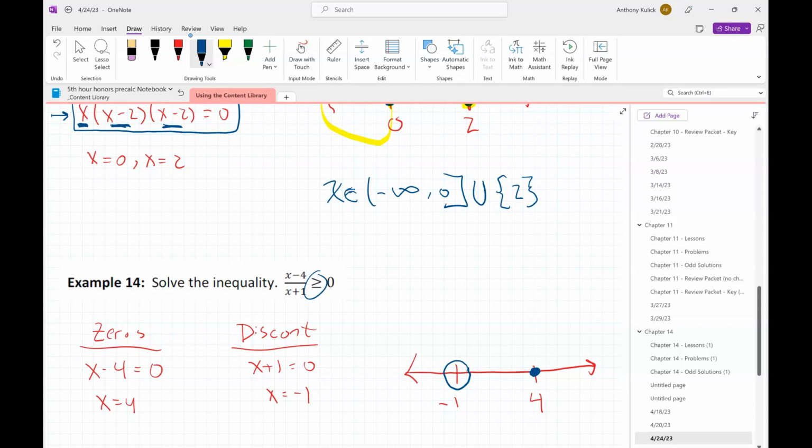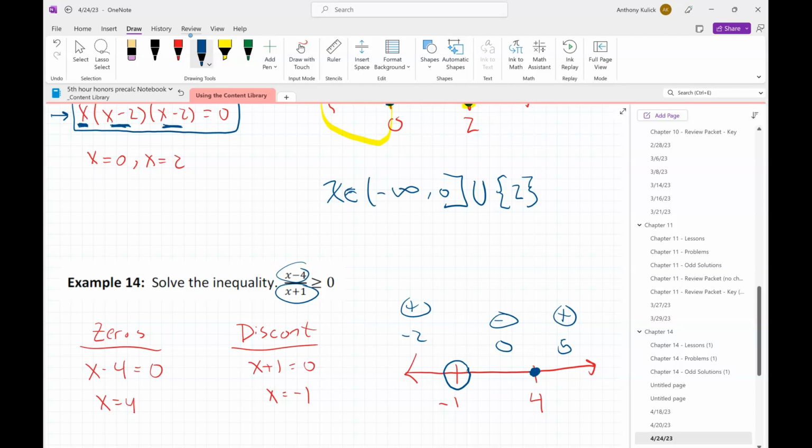Everybody good so far? Now it's the same thing. So -2, I'll pick a 0 and then say a 5. So if I plug -2 in, I get negative over negative. That's positive. When I plug 0 in, I get negative over positive. That's negative. When I plug 5 in, that's positive over positive. That's positive.